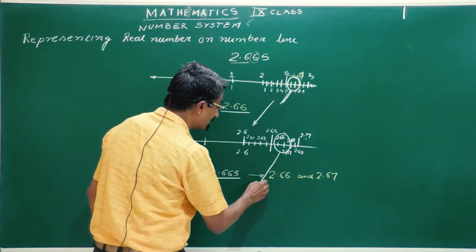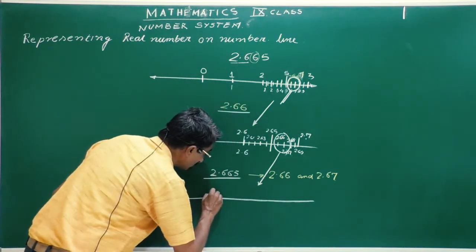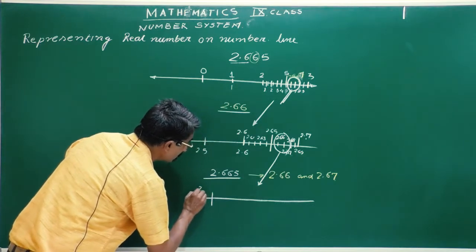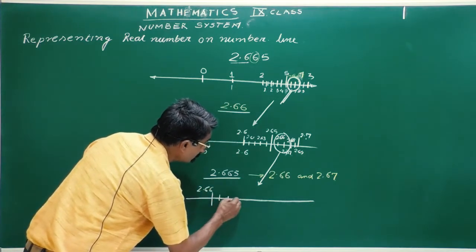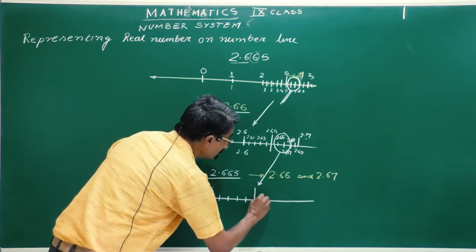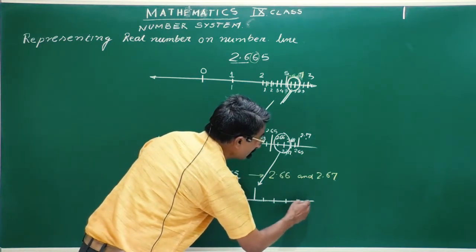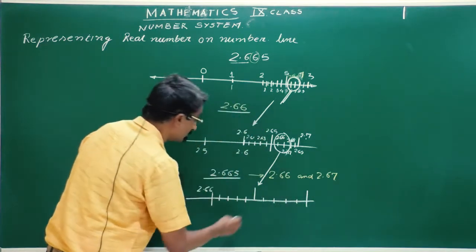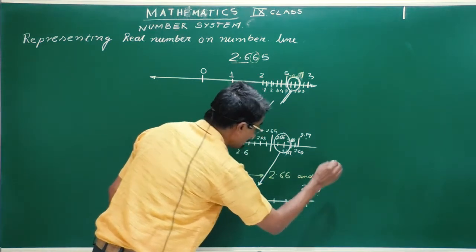So on magnification, 2.66, 1, 2, 3, 4, 5, 6, 7, 8, 9, and this is 10, so this is 2.67.